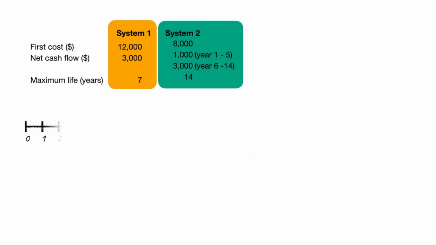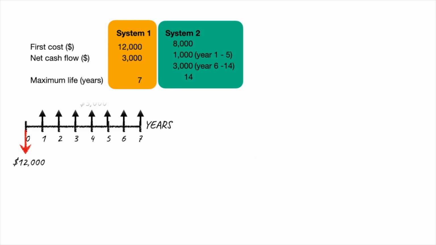For the first system, we know that the life of the system is 7 years. So an initial investment of $12,000, and net cash flow is an annual series from year 1 to year 7 at the amount of $3,000. Okay, so as you can see, the black line is the annual series.